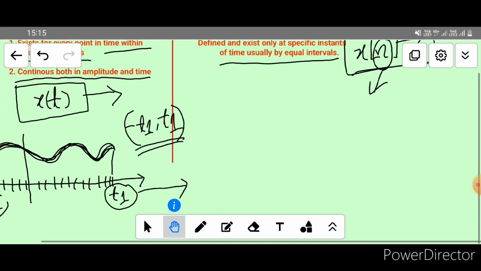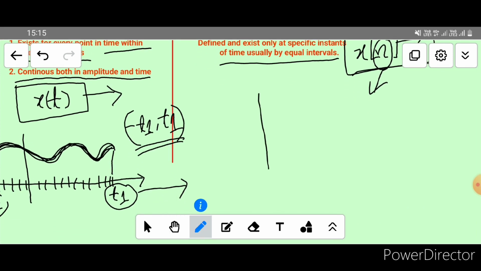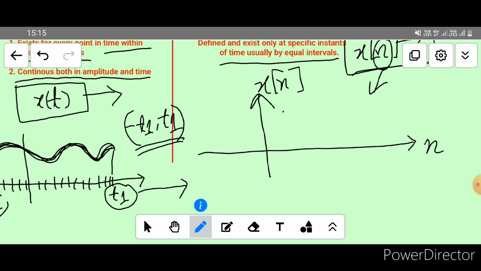So it will be more clear graphically how x[n] looks. Here it is our x-axis and it is our y-axis x[n]. For different values of n, there are different values of x[n]. Suppose this is for n equal to 1, n equal to 2, n equal to 3, n equal to 4, n equal to 5, n equal to 6, 7.